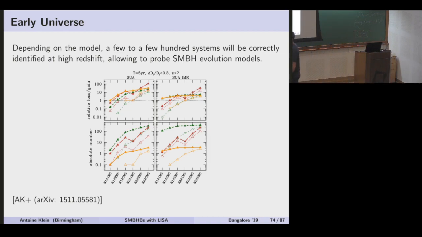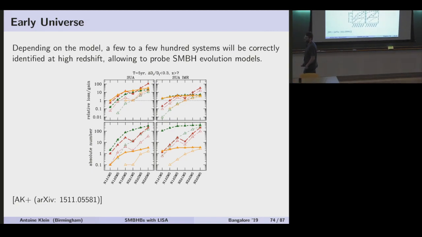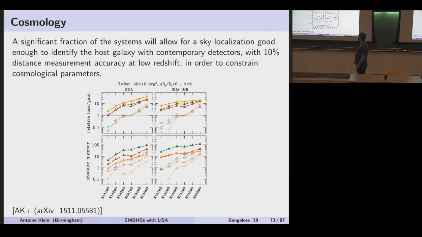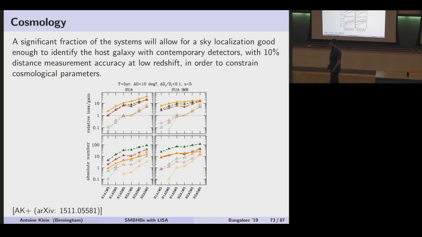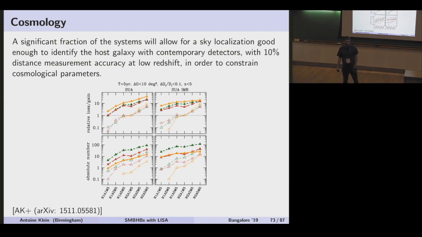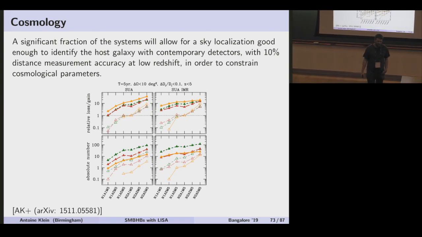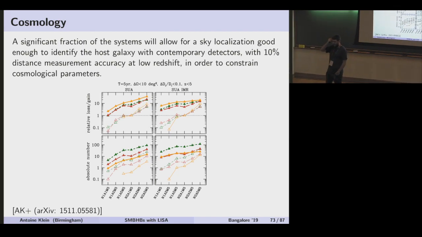Yes. So you showed these localizations, right? I think the previous slide. Do you know what the corresponding numbers would be in case of extreme mass ratio inspirals? No, I don't know that quite yet, but there was a similar study for EMRIs.